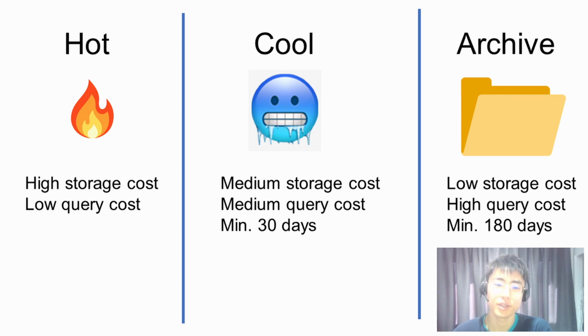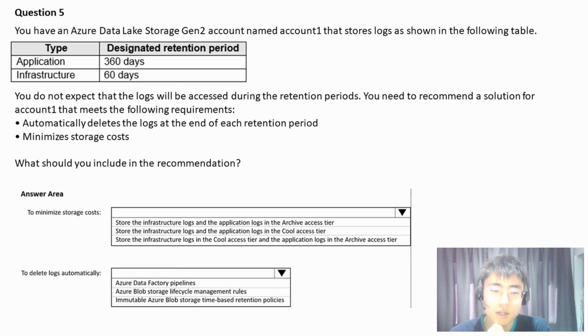So now that we know this, let's go back to our question. Let's look at our requirements here. We want to automatically delete the logs at the end of each retention period. So for application it is 360 days, for infrastructure 60 days. And since the cool storage has a 30-day minimum storage, in theory, we can use cool storage for both of them.